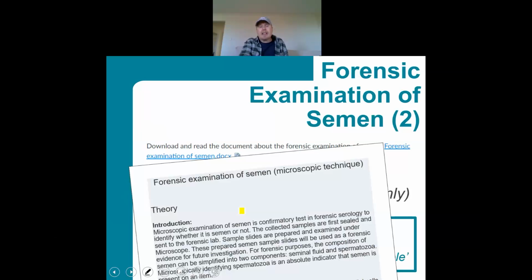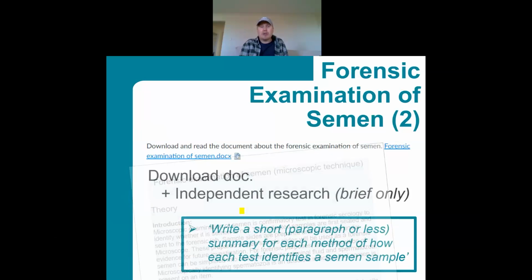Then you are asked to write a short paragraph or a couple of sentences on each method that you are introduced to and how to identify those semen samples using those methods.